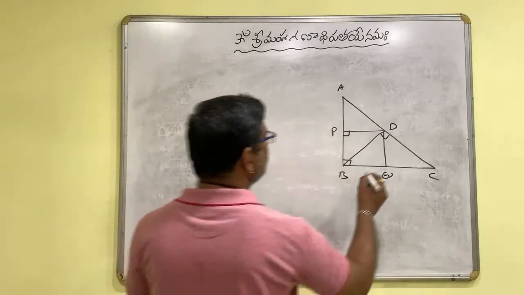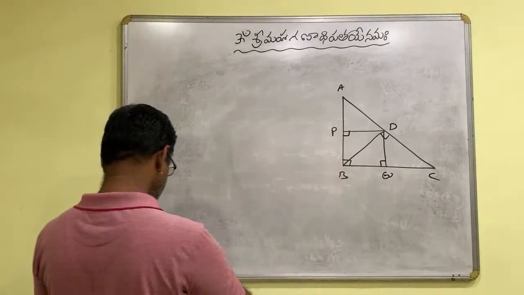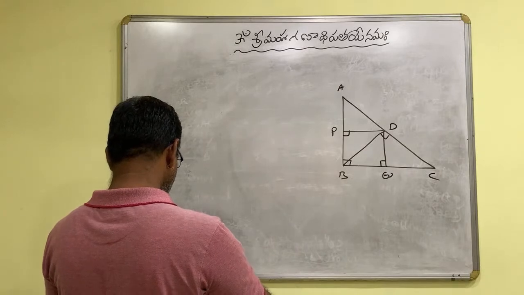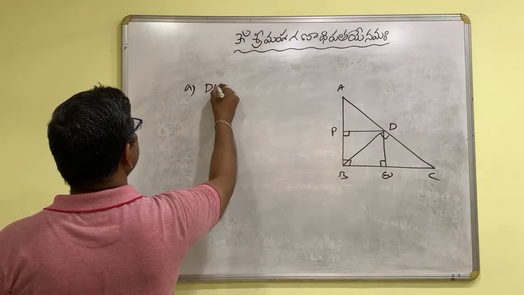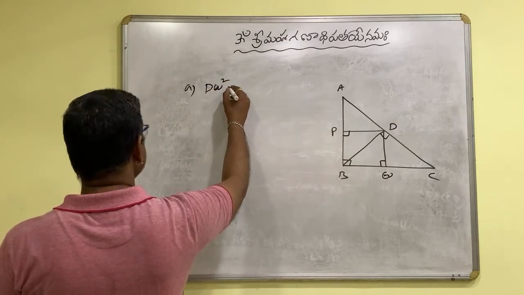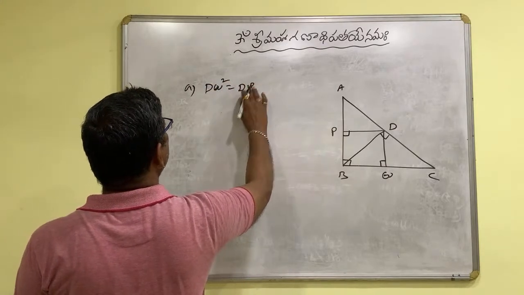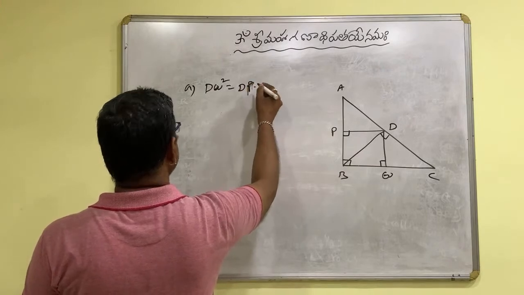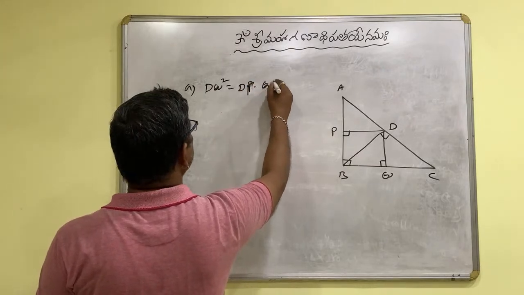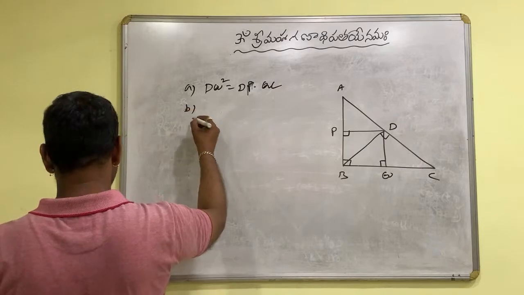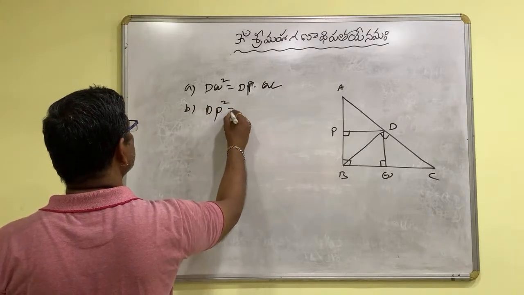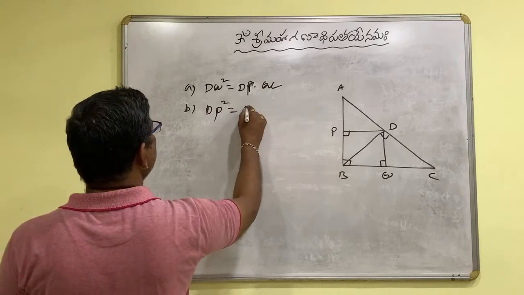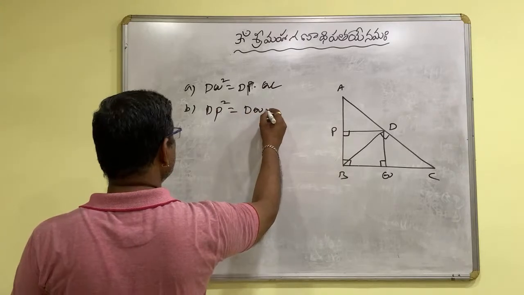DQ perpendicular to BC. This is 90. Then prove that first one, DQ square is equal to DP into QC. Second one, DP square equals DQ into AP.